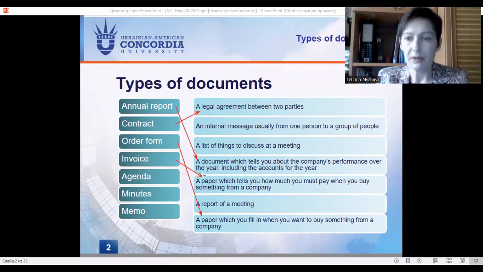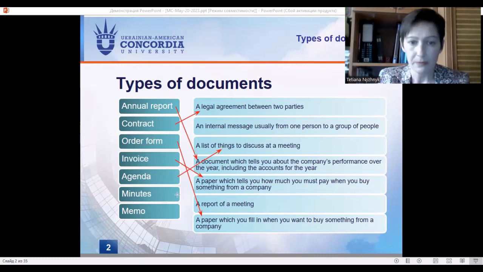Now, agenda and minutes are associated with business meetings, one very specific type of professional communication skills in business. An agenda is a list of things to discuss at a meeting. And minutes are a written record of what has actually happened at the meeting.